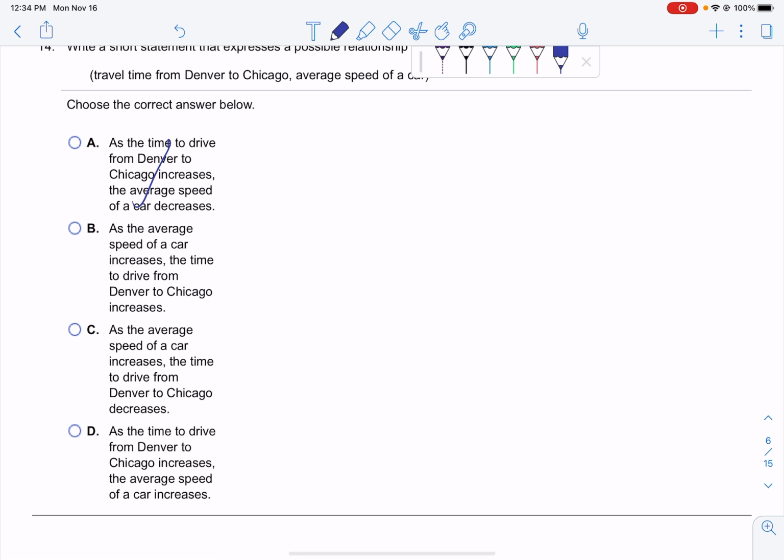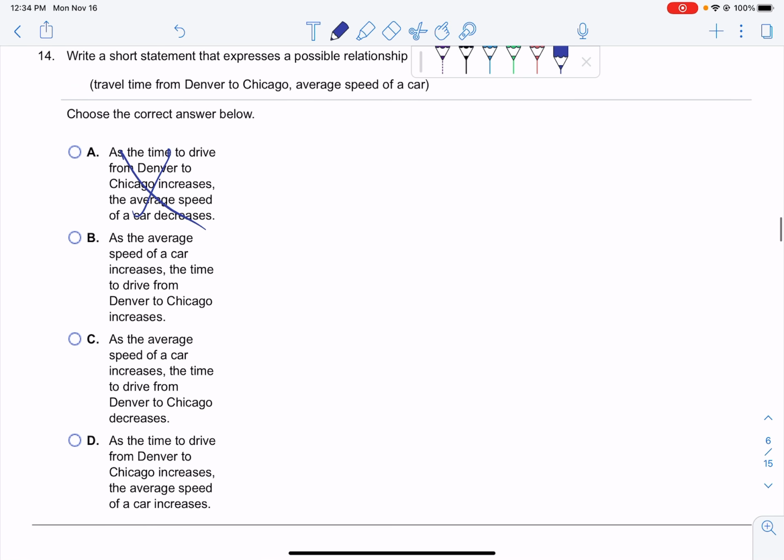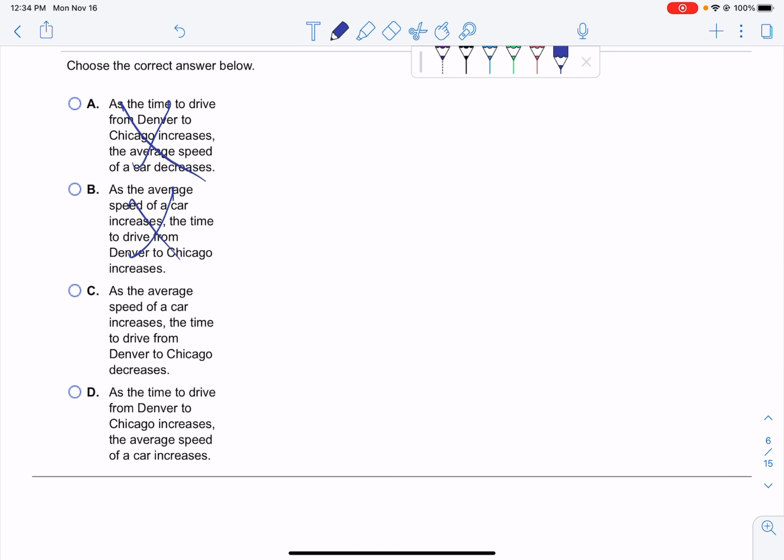I don't think that's the way that it works. As the average speed of a car increases, the time it takes to drive also increases. No. As the average speed of a car increases, the time to drive decreases. That sounds right. As the time to drive increases, the average speed increases. That one's also not correct.